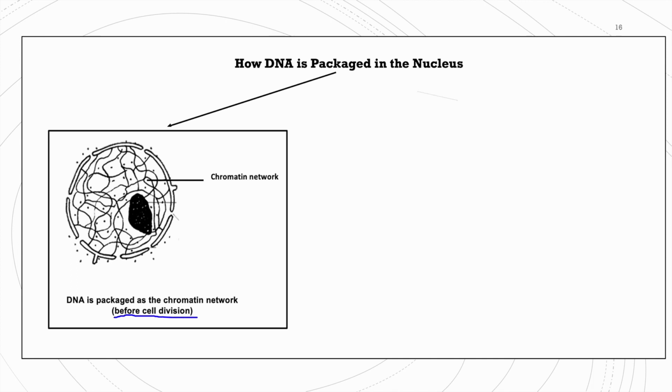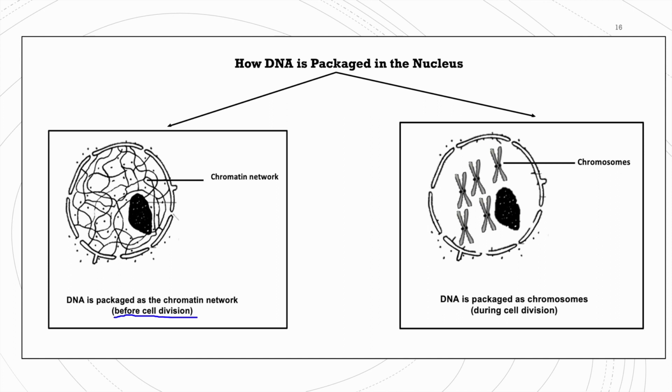However, when we observe this cell over here, instead of the chromatin network, we see structures called chromosomes. So when the cell is dividing, its DNA will be packaged in chromosomes. And when we see chromosomes, we know that the cell is either about to or is undergoing cell division.